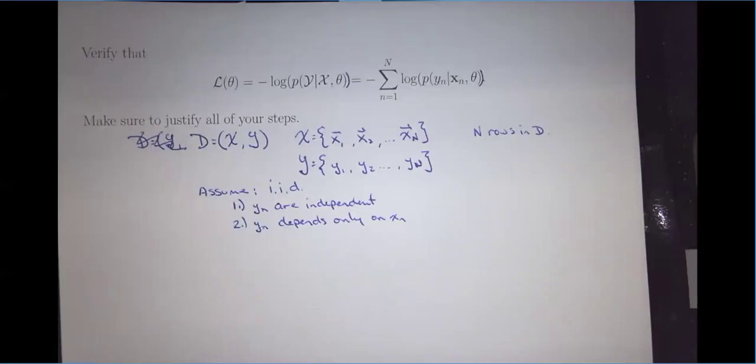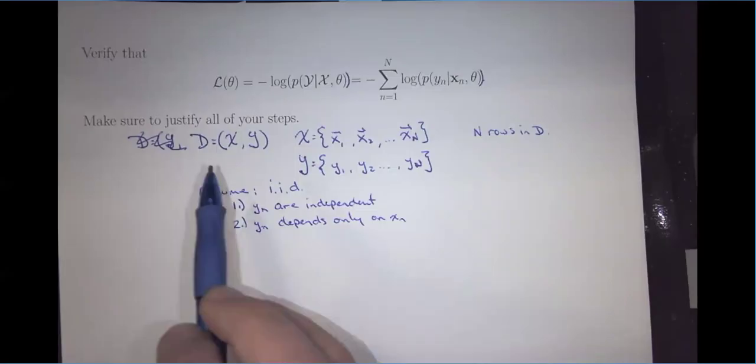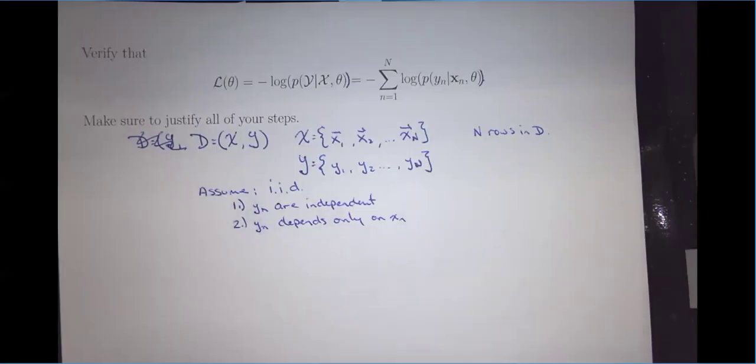All right. So we've assumed that our observations are independent and identically distributed. We've talked about our data here. Okay. Let's start by talking about the probability of Y given X and theta.